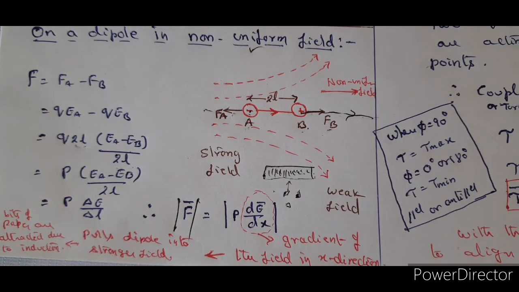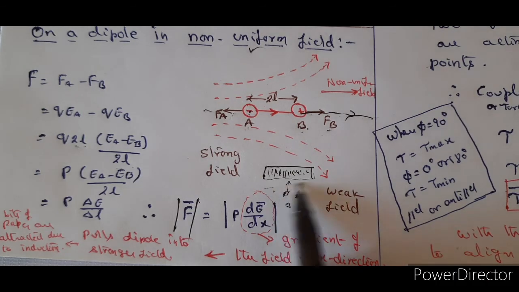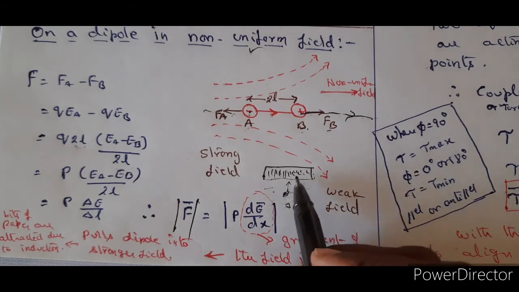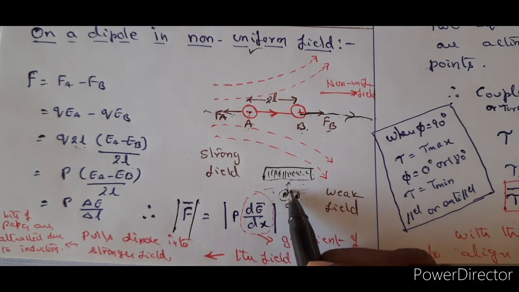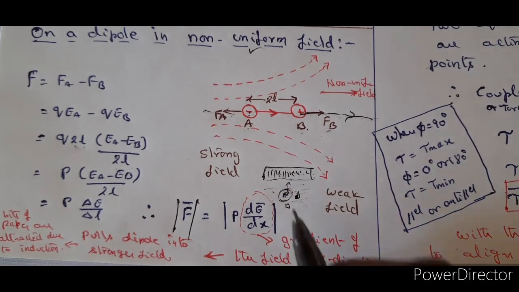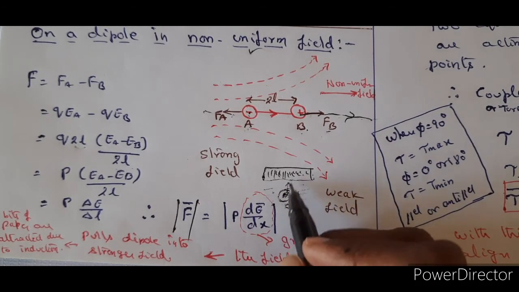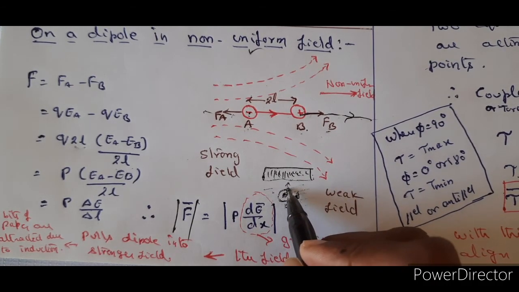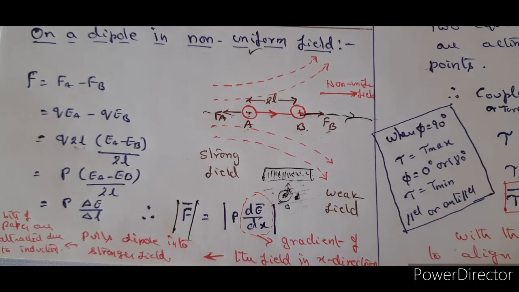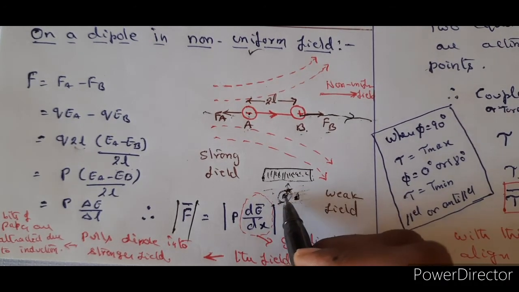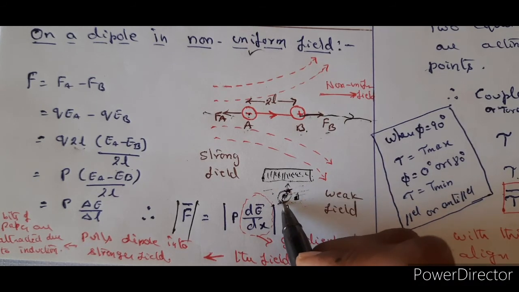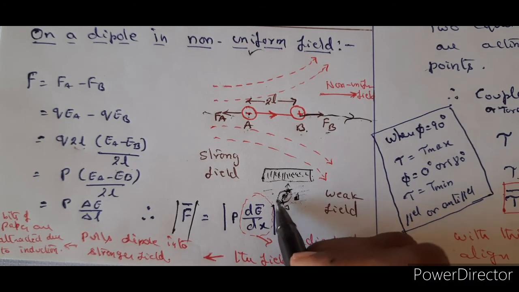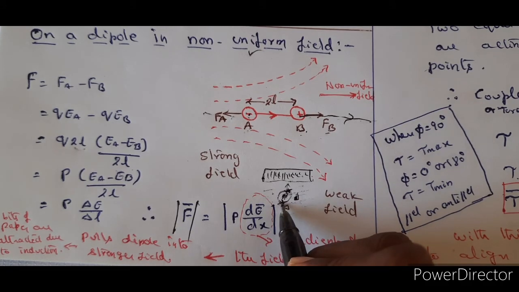Because of the comb, there is a non-uniform field created here, and since it is brought very near to the papers, an induction takes place. When there is induction, you will have both positive and negative charges. Suppose all the free electrons move to this end, then the other area is deprived of negative electrons, so it will become positive.